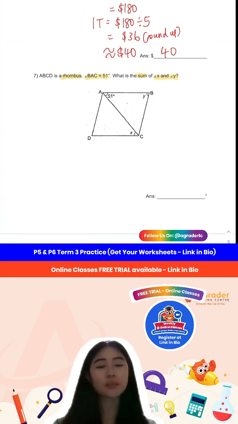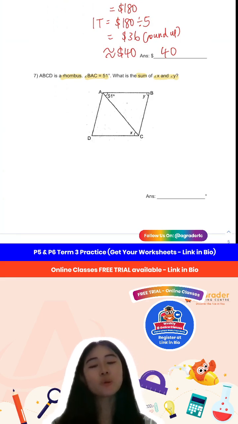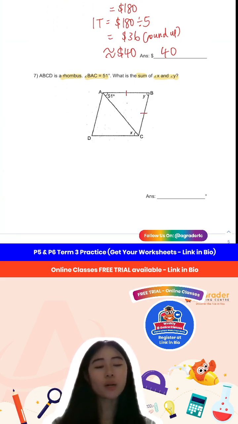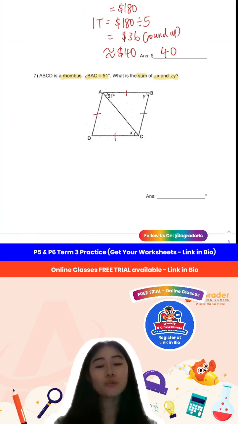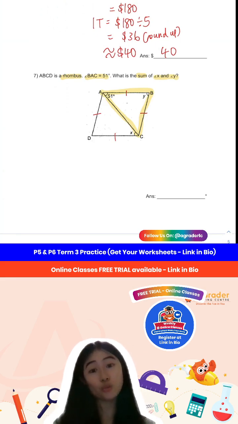Okay, let's go through this. So for a rhombus, it's important for you to mark out that all four sides are the same. I mean, that's what's so special about rhombus, right? Four sides are the same. So if you mark it out that four sides are the same, you notice that this is an isosceles triangle. For an isosceles triangle, the base angles would be identical.